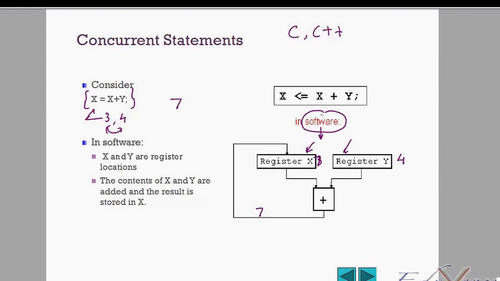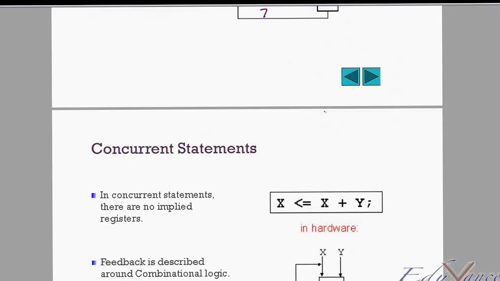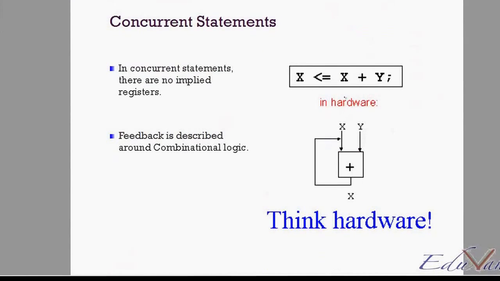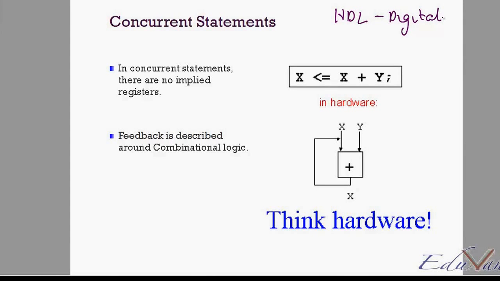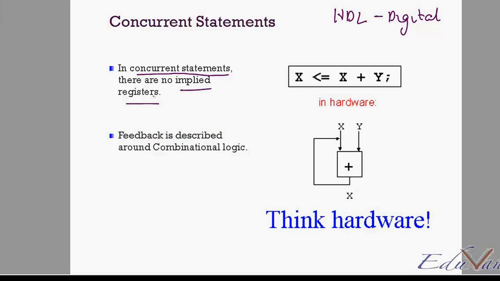However, if you write this in VHDL or in any HDL for digital hardware, there is a small problem that in concurrent statements there are no implied registers, implied as in by default.